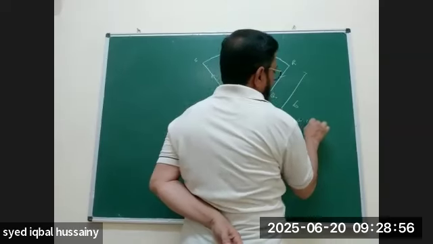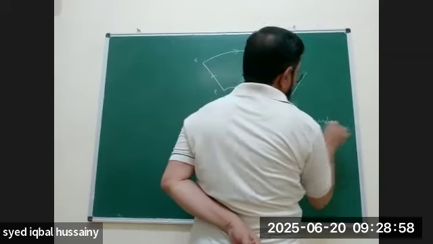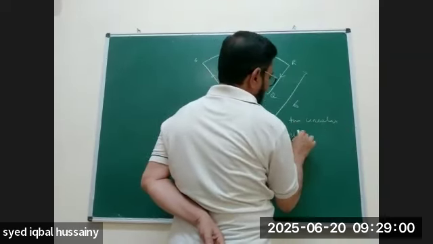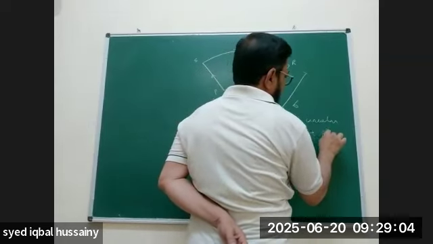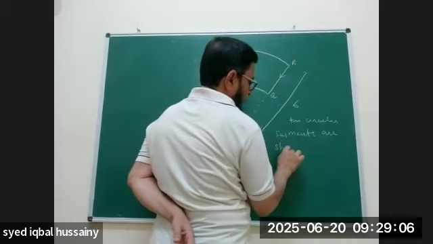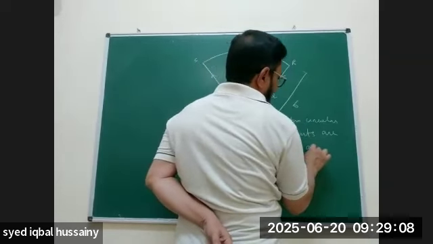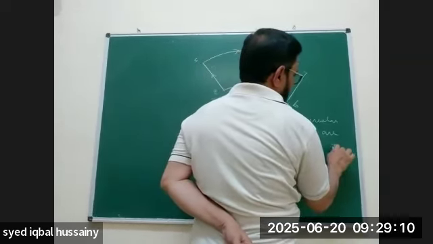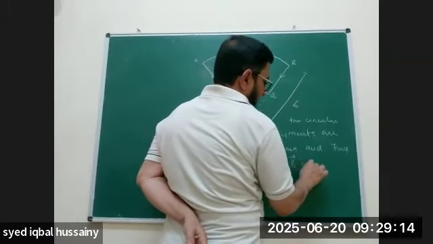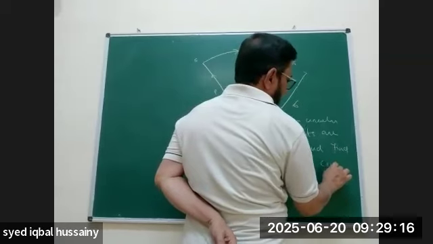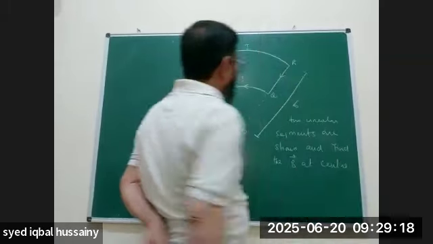Find the two circular segments. Two circular segments are shown, and find the magnetic field at the center. Find the magnetic field at the center.